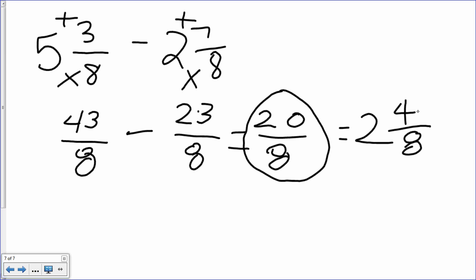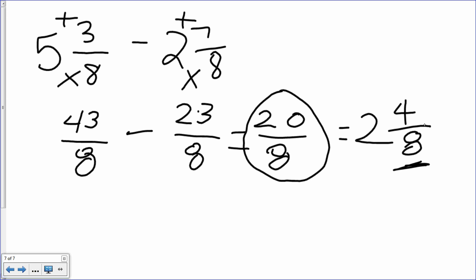Now, I must simplify all fractions. So if the fraction that's behind my whole number can be reduced, I need to do that as well. So I'm going to ask myself, what is the greatest common factor between 4 and 8? Okay? I can list all the factors, but I know that 4 and 8 share a couple of factors: 1, 2, and 4.